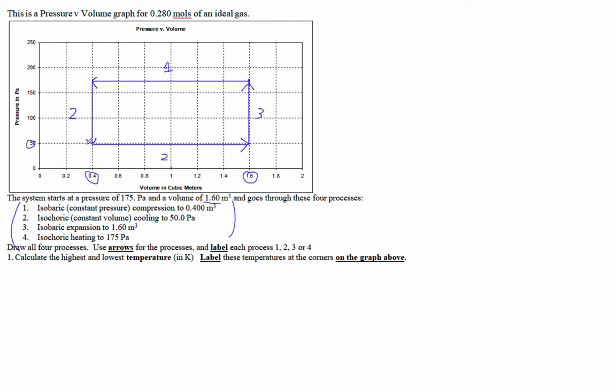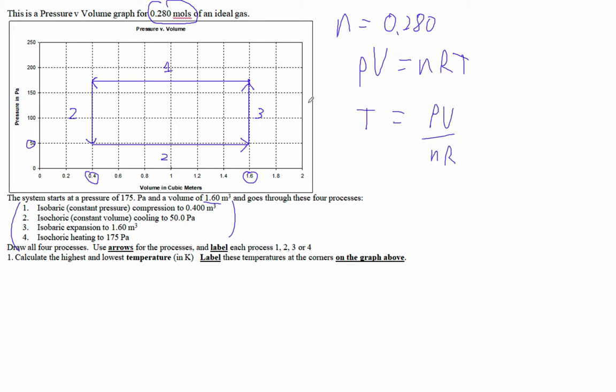Okay, so let's find these things here. Let's remember that we've got the moles here. For all of these, n is equal to 0.280, and then PV equals nRT, right? So T is going to just be PV over nR. The temperature here, I'll call that point A. The temperature of A is going to be the pressure, which is only 175 pascals.